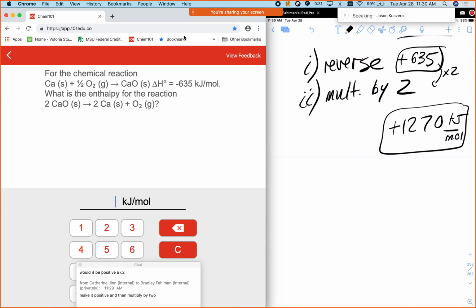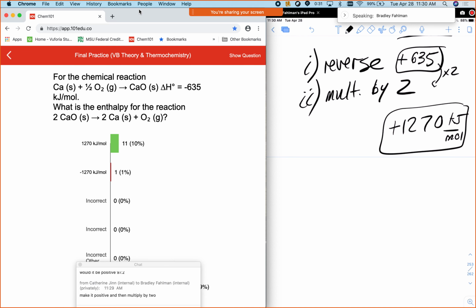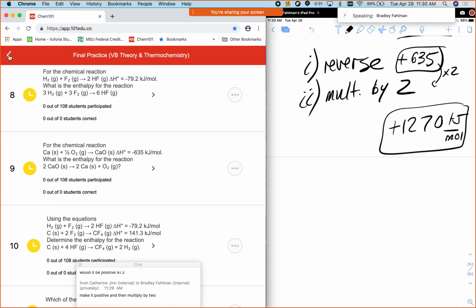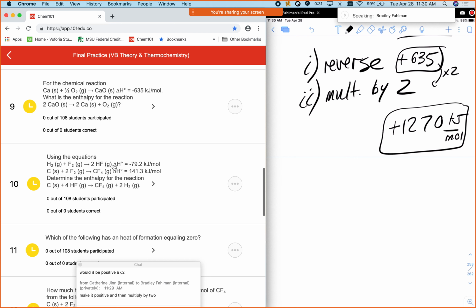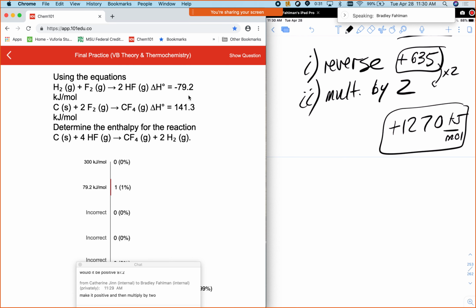Okay, any questions about that? That's a couple operations. Again, you're only going to be doing those: either reversing it or not, and multiplying by a coefficient or not. And then I think the last one I have related to this is this one.